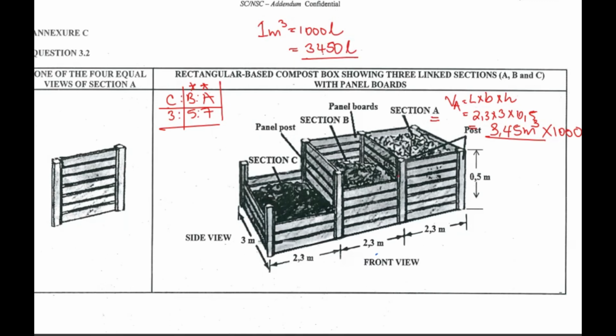So in liters, this is B and that is A. This is 5, that is 7. If 7 has 3,450, what will B have? We cross multiply. So it will be 5 times 3,450 divided by 7.